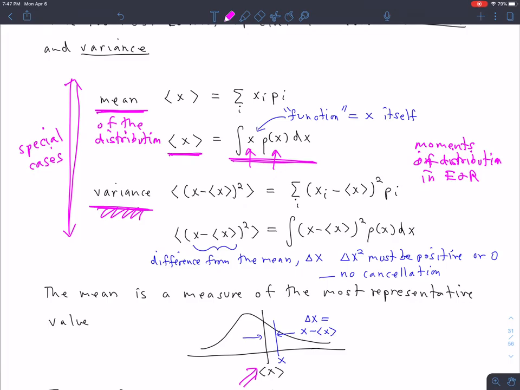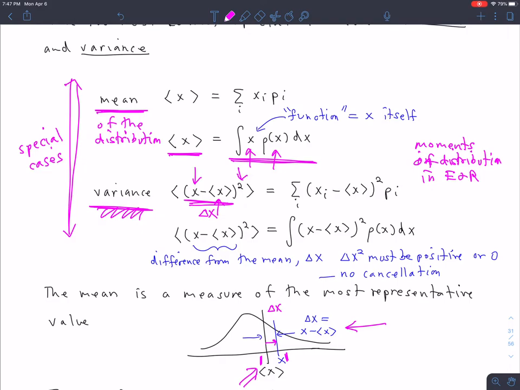The variance is more complicated. It means take the value that I'm interested in and subtract the mean value. So these guys in here are delta x's. They're differences from the mean. They're quantities like this down here. So here's the mean. Here's some value of x, and the difference from the mean, that's the delta x. And then I square that, right?